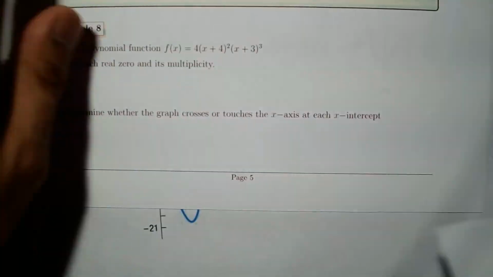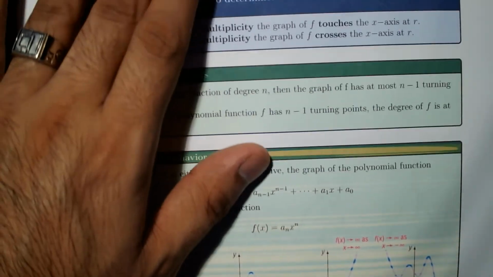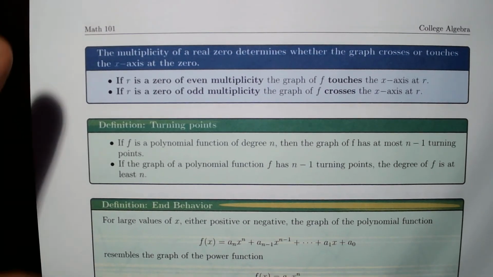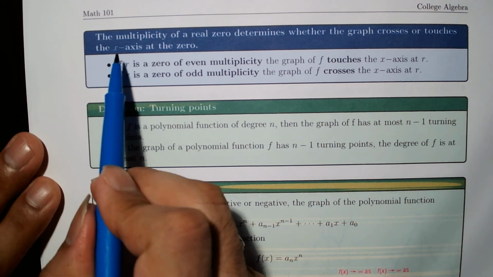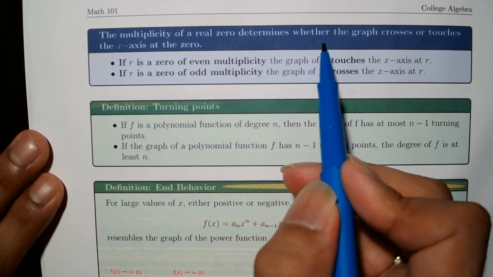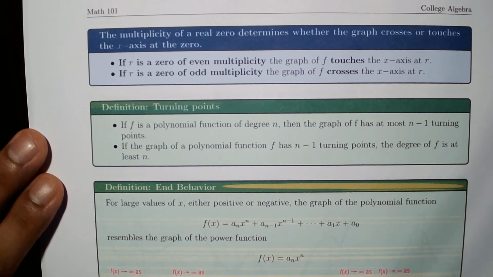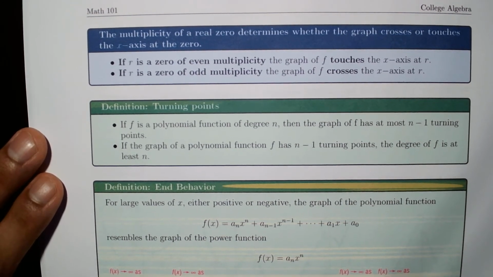Let's see what's next. All right, so now let's move on to the multiplicity and see what's the effect on the graph of a function. So the multiplicity of a real zero determines whether the graph crosses or touches the x-axis at that zero.